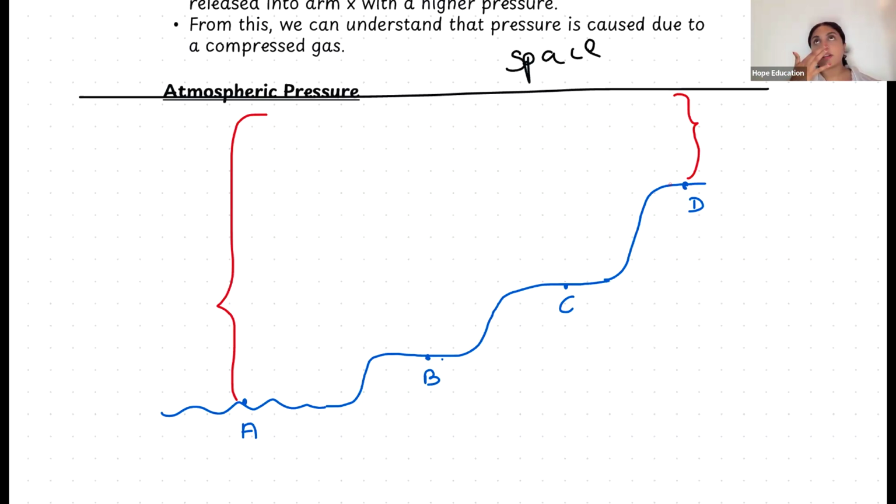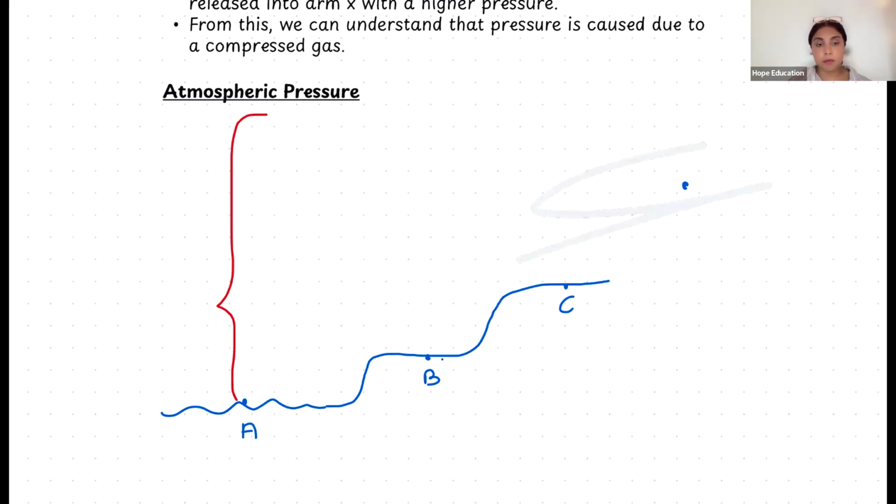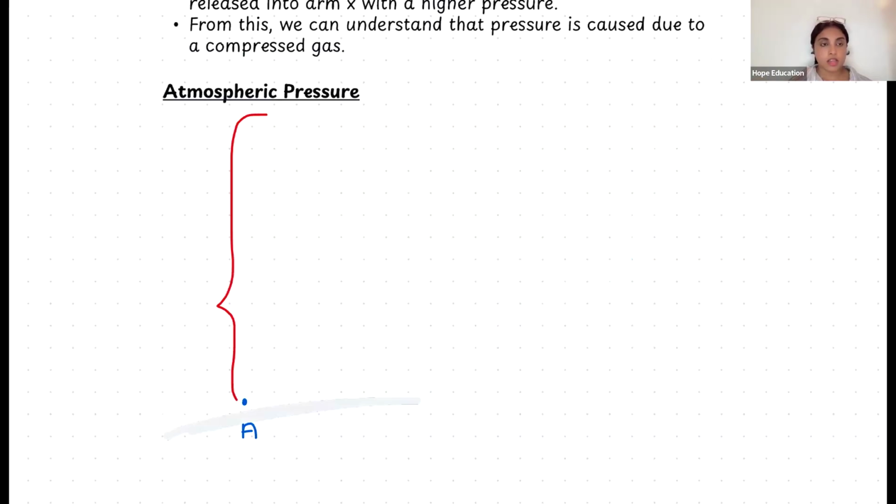But if you go to Mount Everest, it's very tall, so there is only a little atmosphere above. The weight of the air column is lower, so the pressure is lower. That is how you get it. All I wanted to tell you is that pressure at any point in the atmosphere is because of the weight of the air column above that point. Okay, so let's write that.